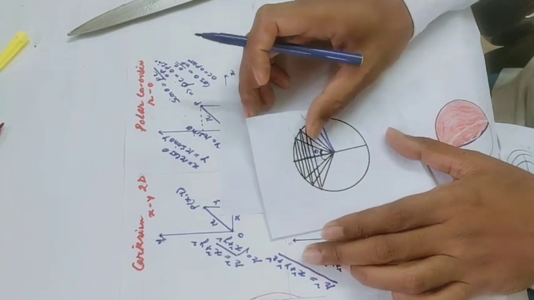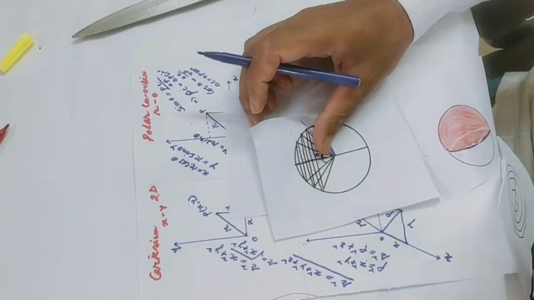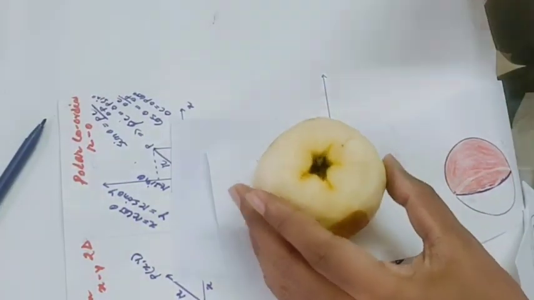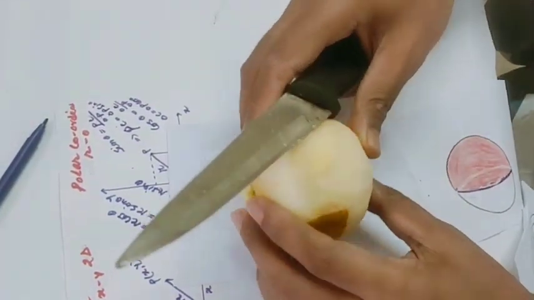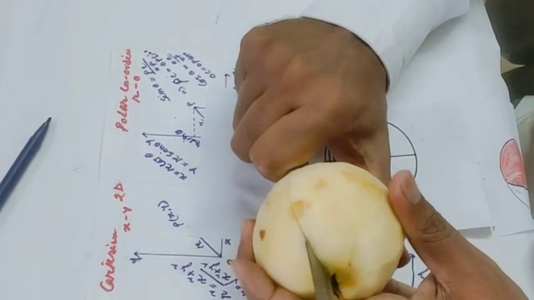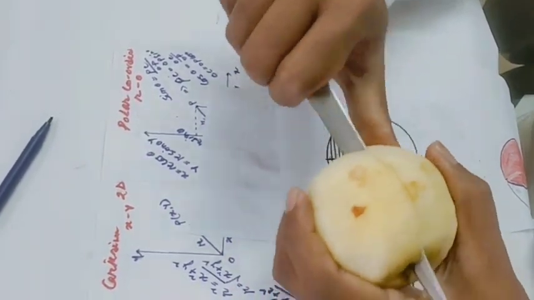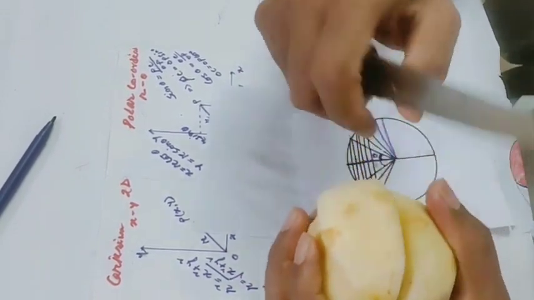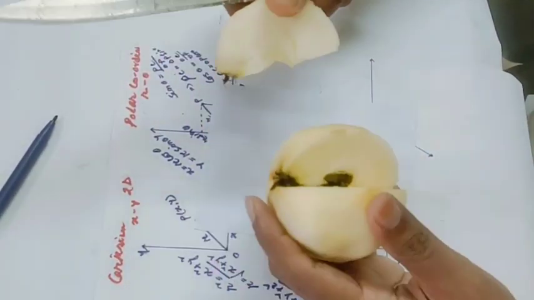Okay. Now again another cut of apple, what you can do, you can cut this apple into this type of pieces also. What we generally do, you cut this like this, okay. These are some pieces, okay.